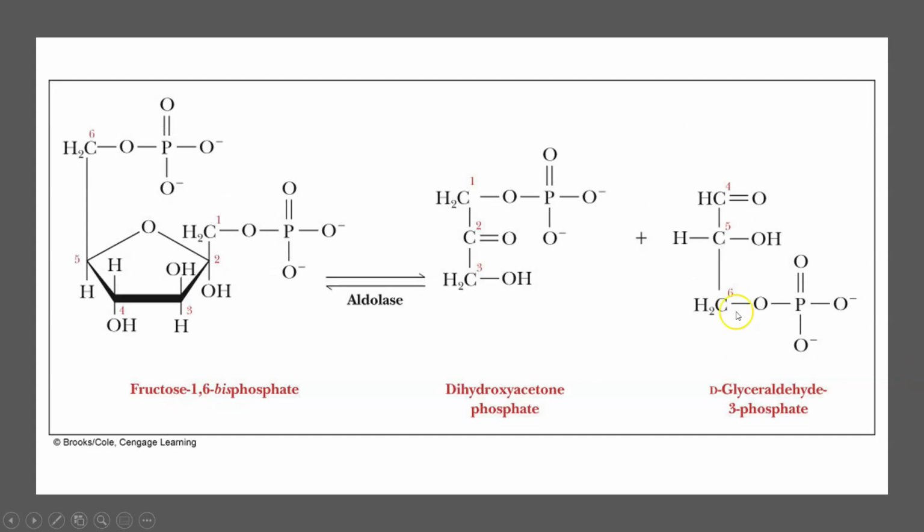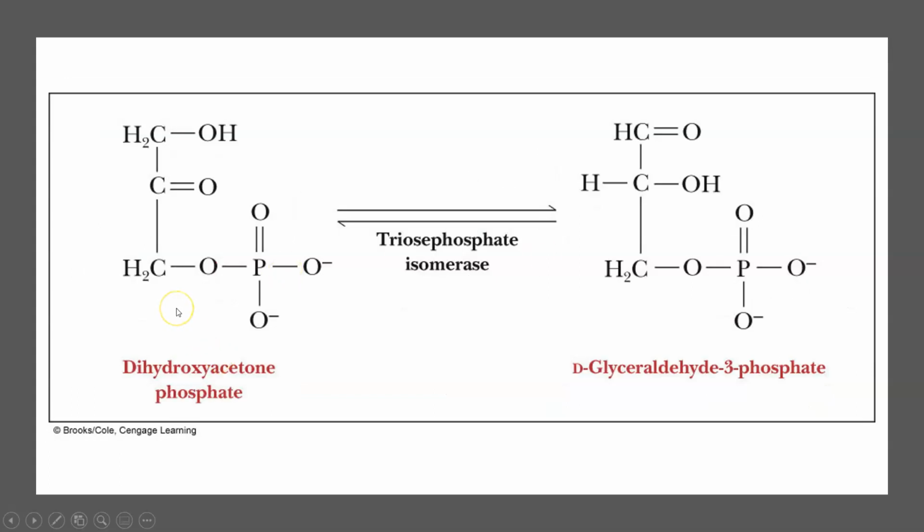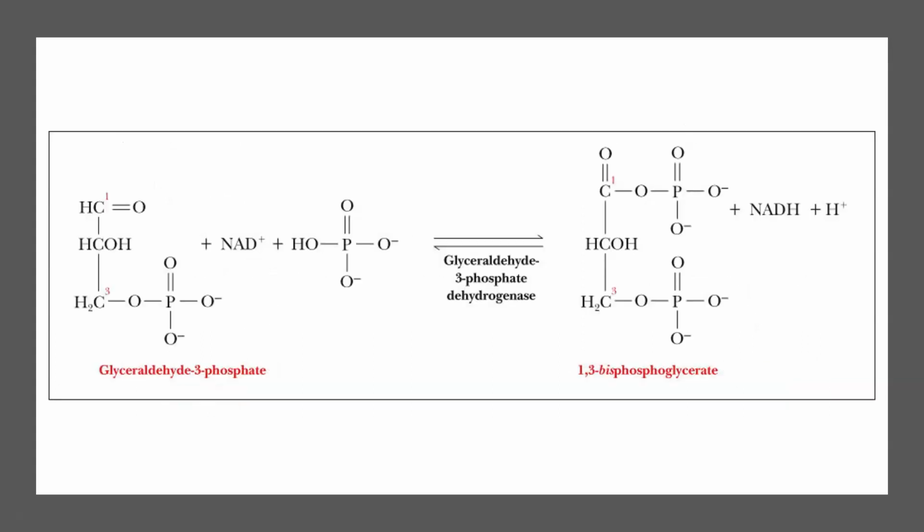We have one glyceraldehyde 3-phosphate already existing here from the cleavage of fructose 1,6-bisphosphate, and we've just isomerized DHAP into another glyceraldehyde 3-phosphate. So now we have two GAP molecules in glycolysis, two glyceraldehyde 3-phosphates, and they will be processed in parallel. So everything we talk about from this point on is actually happening times 2.